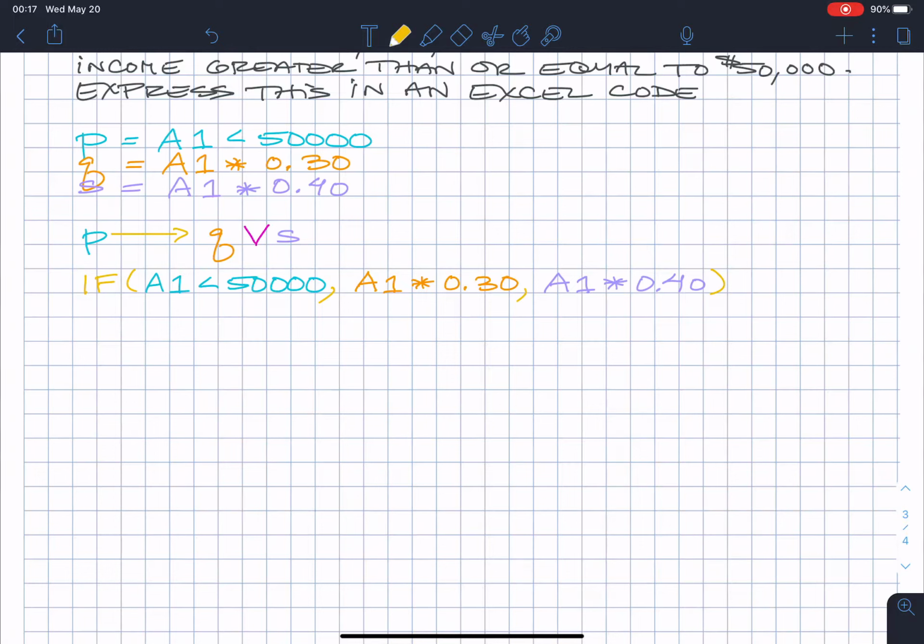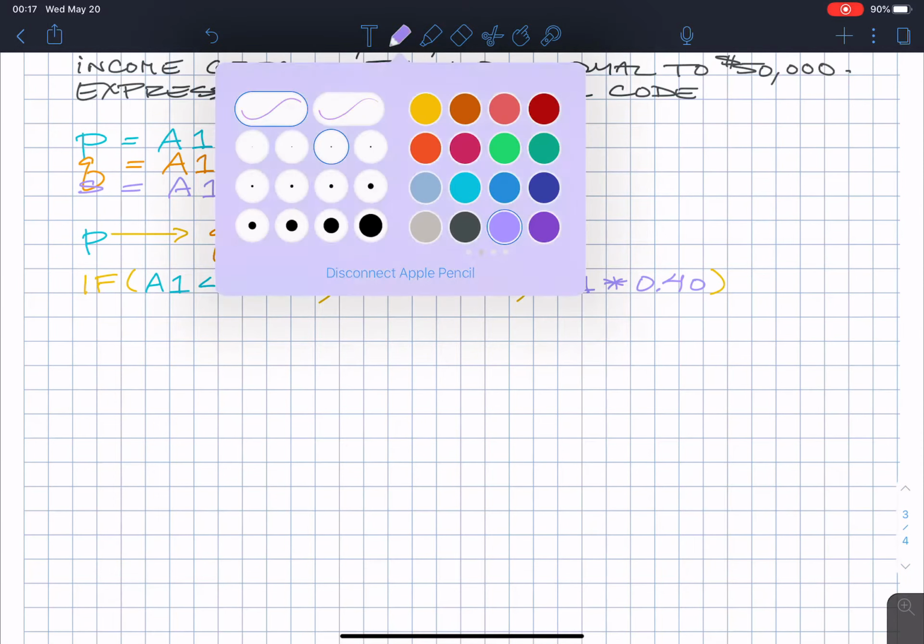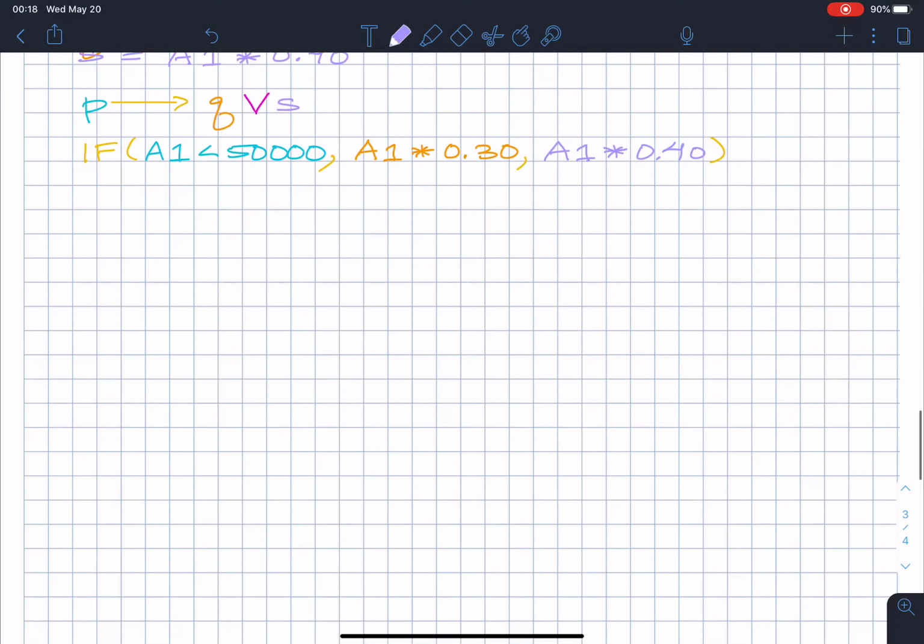Okay, so the last thing I'd like to do in this section is to introduce what are known as quantifiers. The first type of quantifier is the universal quantifier. What is the universal quantifier?